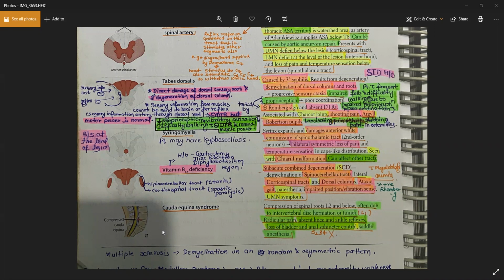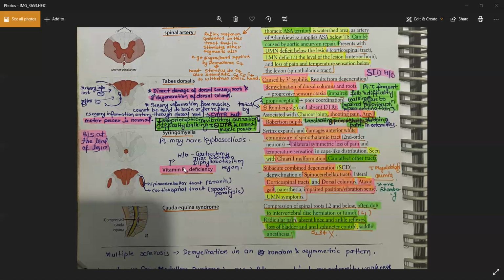ALS will have lower motor neuron symptoms also, but MS will only have UMN. In case of my multiple sclerosis, I'm only having the upper motor neuron lesion because it will be a CNS damage. In case of my ALS, I'm having a CNS along with the PNS damage, right? So both upper motor neuron as well as lower motor neuron symptoms will be there.